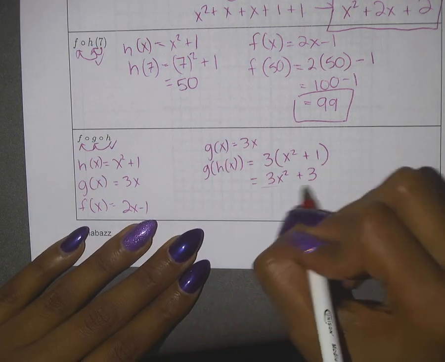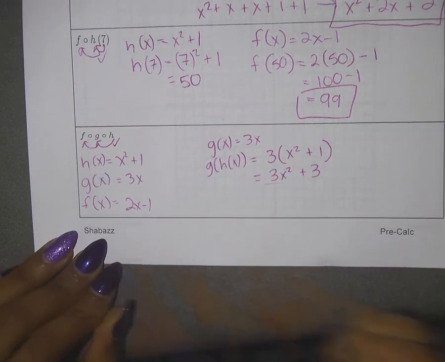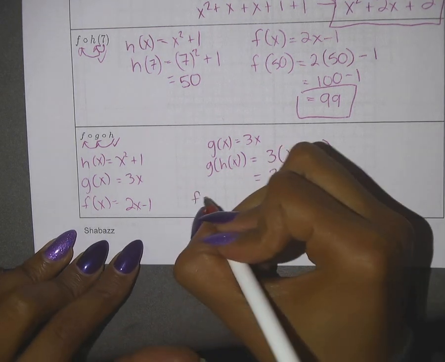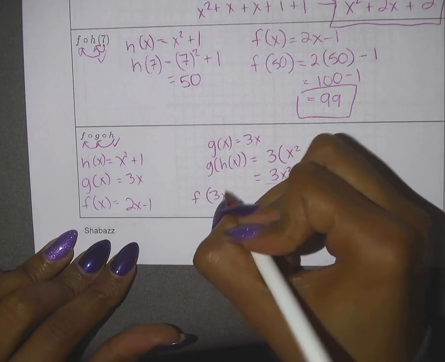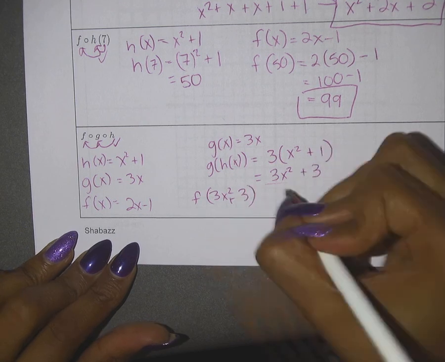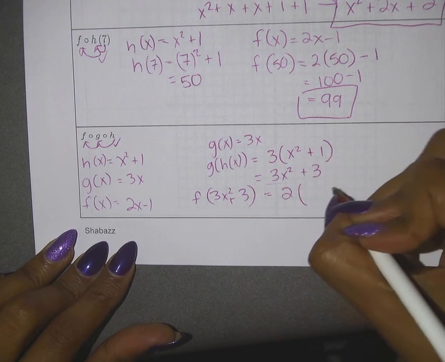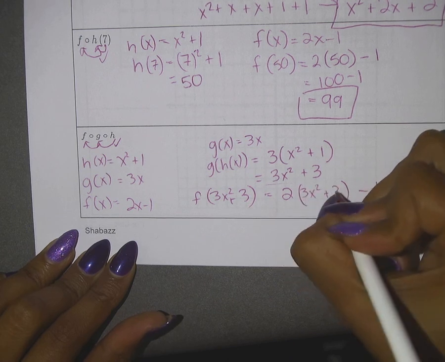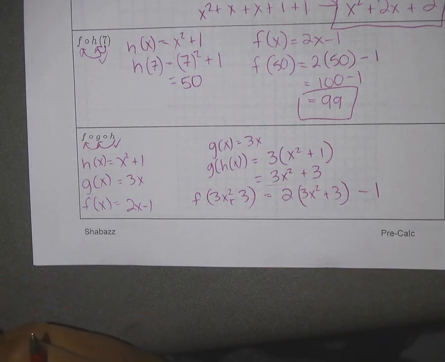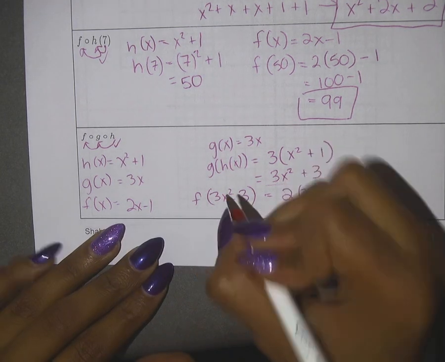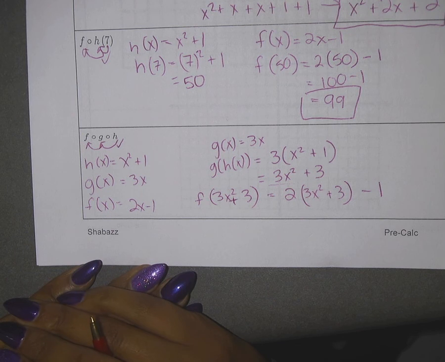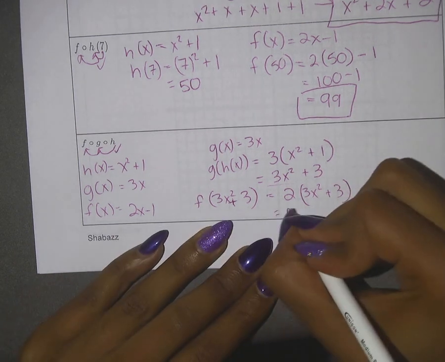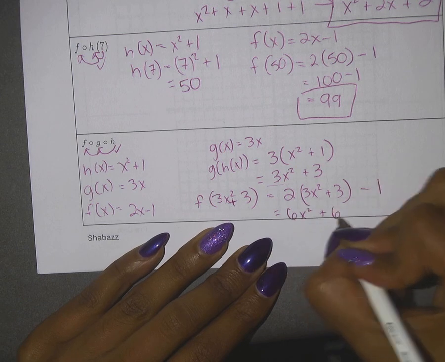Now I have to take this whole thing and stick it into my f function. So f of 3x squared plus 3 would equal 2 times the 3x squared plus 3. Okay, distribute the 2 to give me 6x squared plus 6 minus 1.